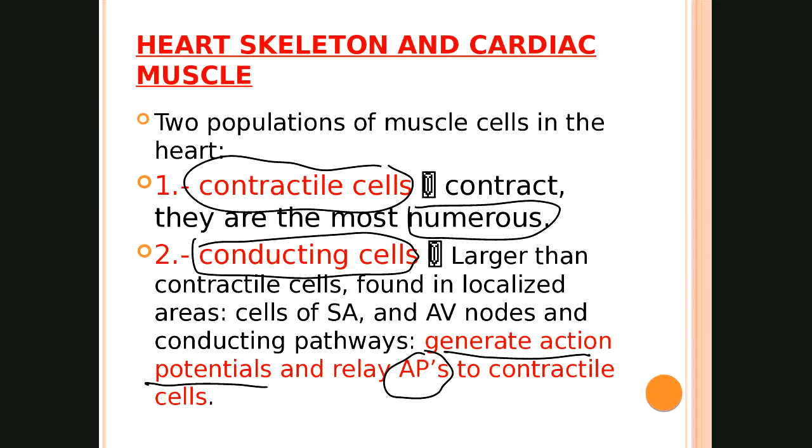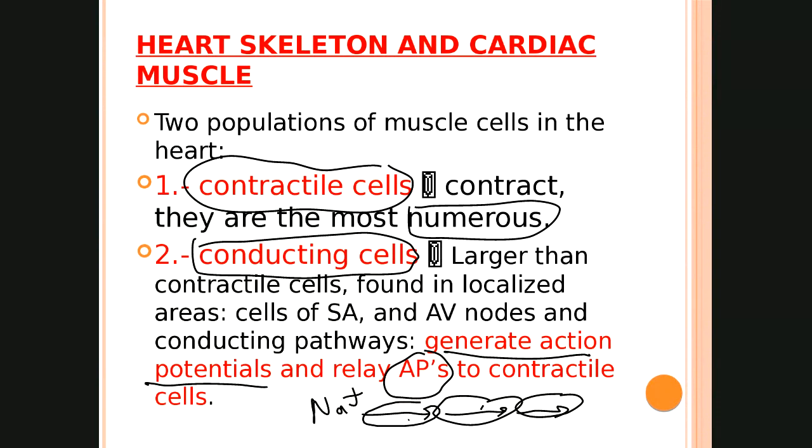In doing so, they create sodium currents. Sodium currents are going to be transferred from one cell to the next, depolarizing the cells as these ions travel from cell to cell. This is what's going to create the signal that will contract the contractile cells, the muscle of the heart.